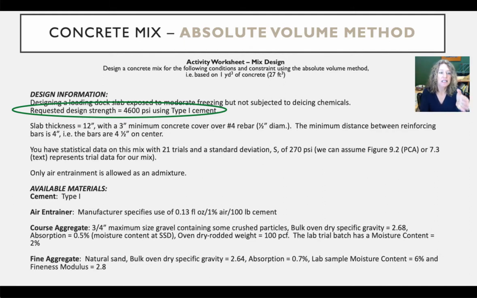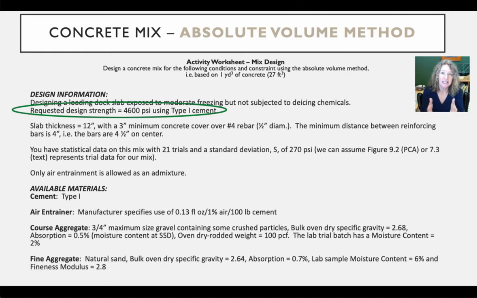And in fact, in this case, we had 21 trials, and in those 21 trials, from the mean of 4,600 PSI, we varied by 270 PSI above or below. And so as the engineer, I'm going to want confidence that I'm going to get a minimum of my 4,600. I can't be down at 4,300 because I was at the lower end of the standard deviation. That could really mess up my structural calculations.